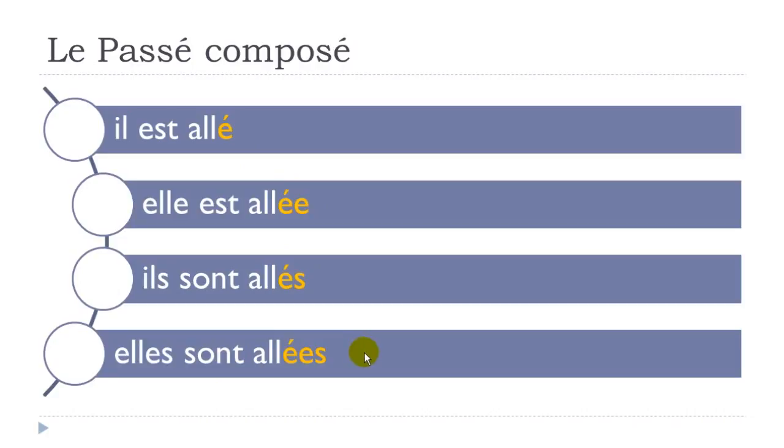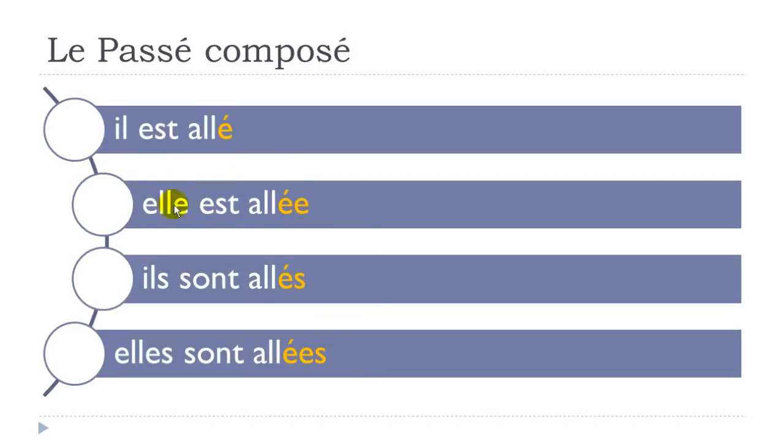So phonetically, it doesn't change at all. Okay, here you've got allé, allé, even if you've got the final e, you don't pronounce it. Allé, even if you've got the s. Allé, even if you've got this es. Okay, so it doesn't change.